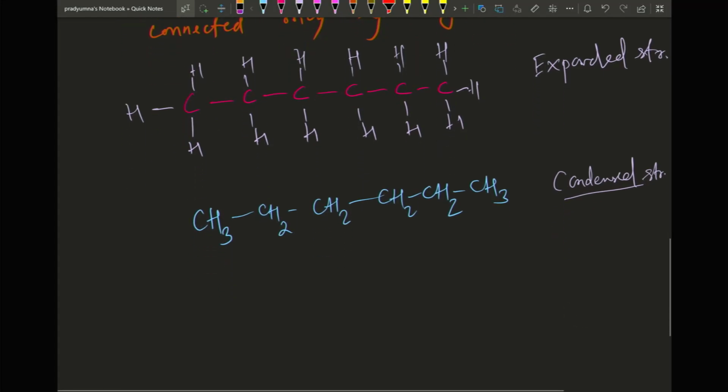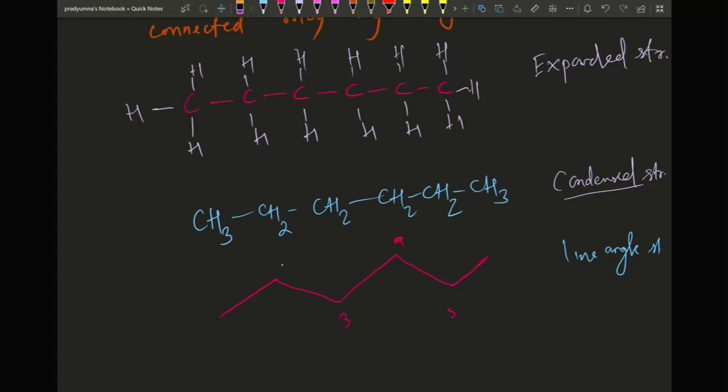Okay, can you do a line angle structure? Line angle is simple. You don't need to show anything. So we got 1, 2, 3, 4, and each corner is a carbon atom, 5, 6. And that's it.